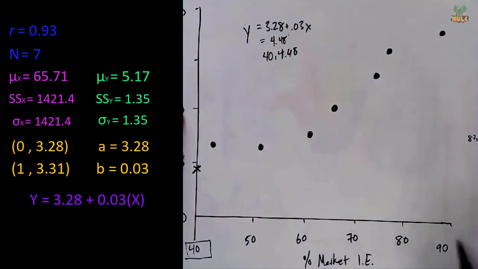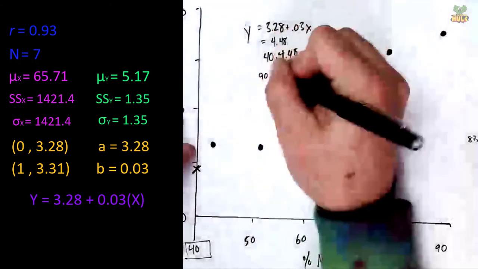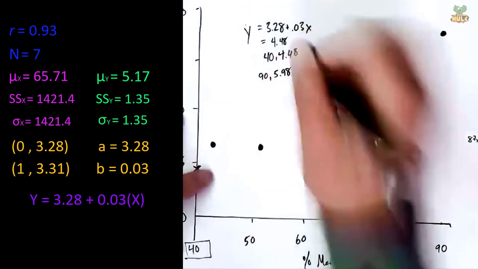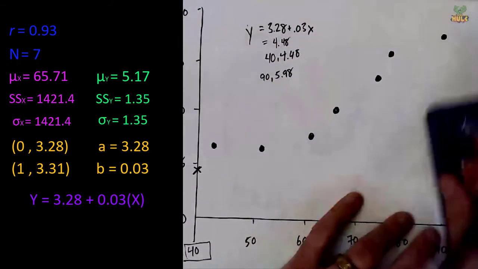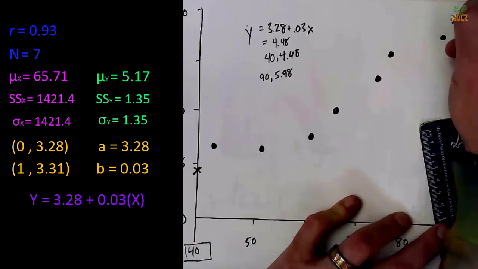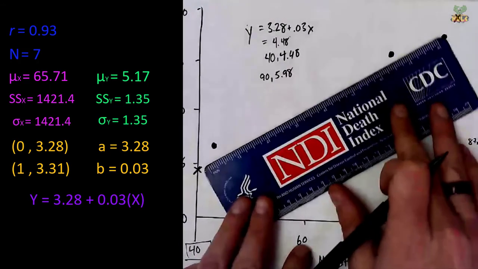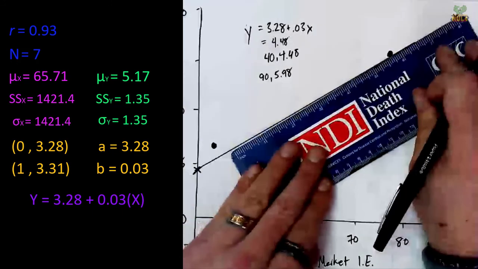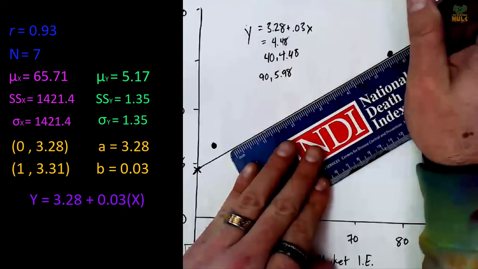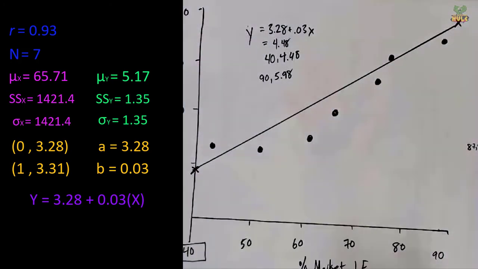I'll do that again then for 90. If I do it for 90, I get 90, comma 5.98, which would be all the way down here and all the way at the top, so pretty close to about right there. So I've got my 2 points really just by plugging in those two values into the equation, and now I draw the line. My ruler's not quite long enough. And there we go.